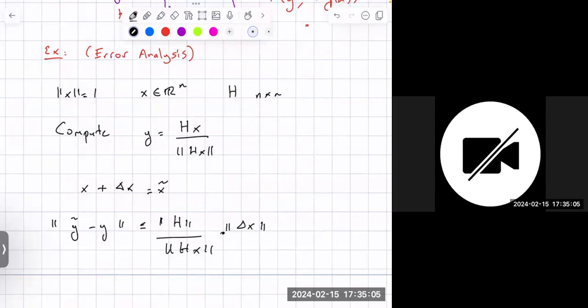Usually the operator norm of H is fine. It's literally just a number like 3, 5, fine. You get some control on this, but this can kill you. If your X happens to be the type of X where HX is very small, then this goes to 0, it just goes away. And we created a whole bunch of examples where this actually happens.